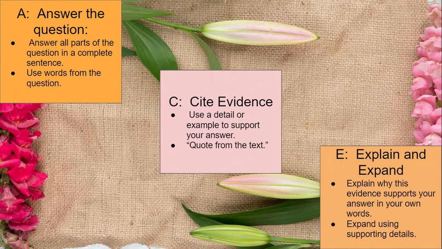Use words from the question. C, cite evidence. Use a detail or example to support your answer. Quote from the text. E, explain and expand. Explain why this evidence supports your answer in your own words. Expand using supporting details.